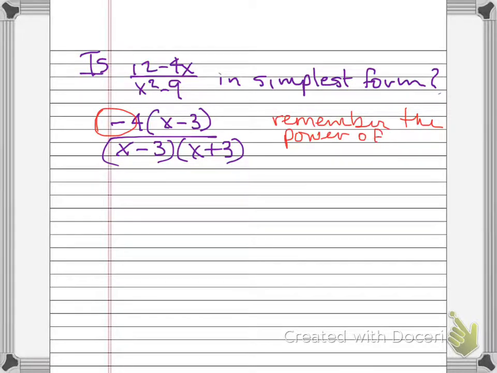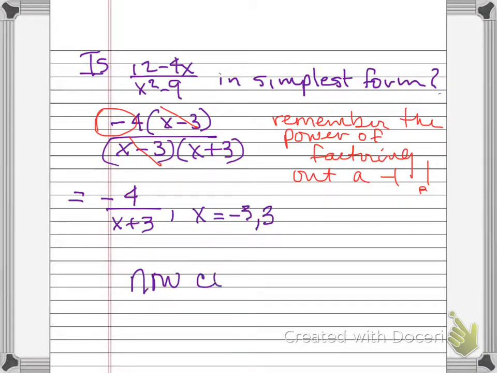Sometimes all it takes is factoring out a negative 1 to make your whole expression easier to simplify. Once we did that, we were left with an x minus 3 in the numerator and an x minus 3 in the denominator, and we could simplify. We end up with x cannot equal plus or minus 3.